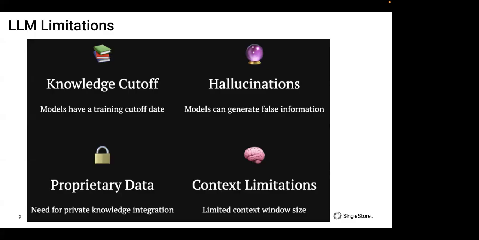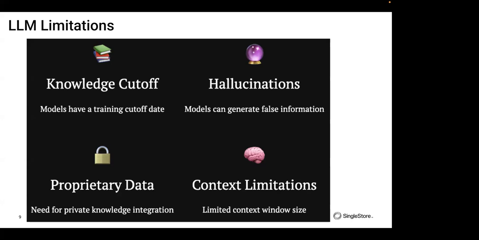They come up with their own answers, and sometimes made up answers, because they can't verify their own answers. And they don't have a connection to your custom data, right? Only once you give them that data can they have the context. And there are also context limitations.